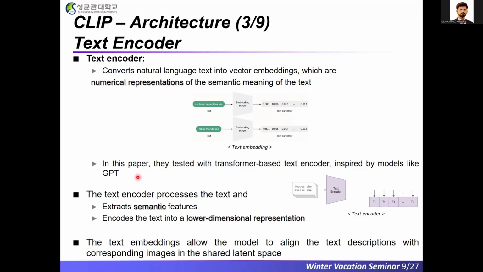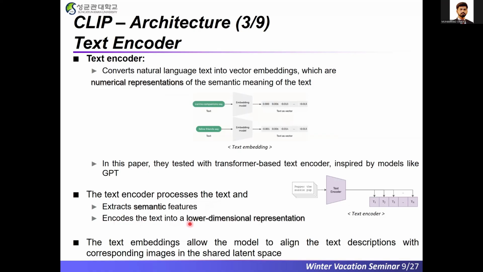These text embeddings are processed by the embedding model in order to extract semantic features. Semantic features mean the text has some kind of context in it. Similar text will be closer together, whereas dissimilar text will be far apart from each other.